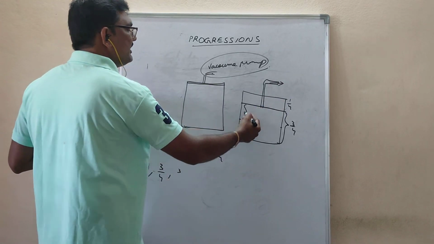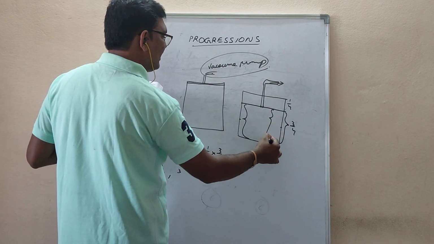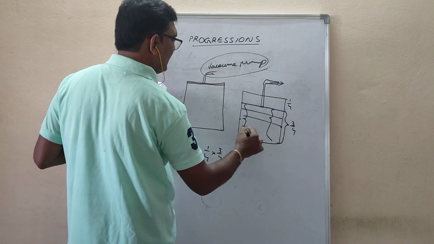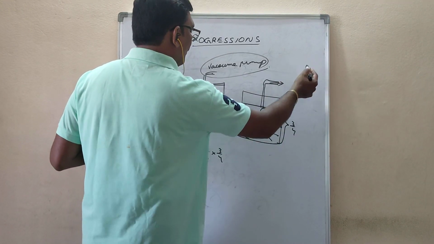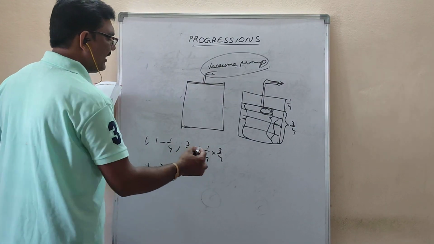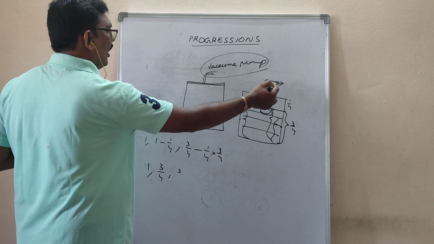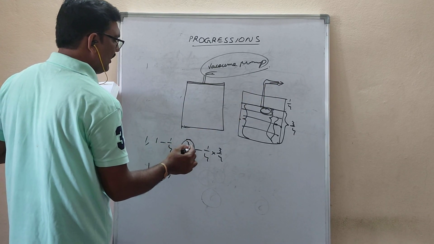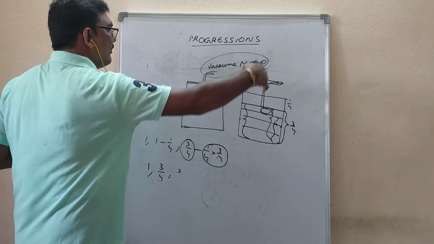Again this part should be divided into 4 equal parts, and one part will be removed and 3 parts will be there inside. So the total gas present before operating is 3/4. From that, 1/4 of 3/4 is removed.